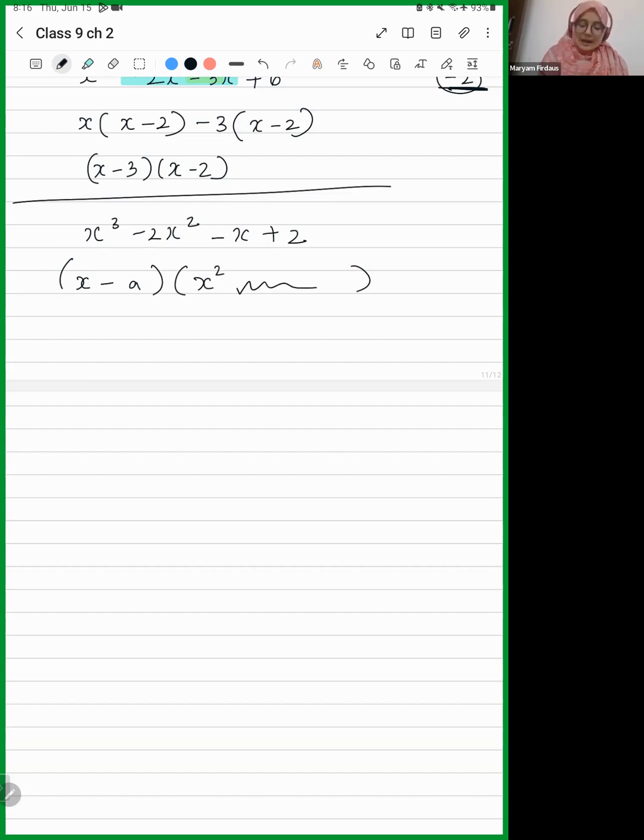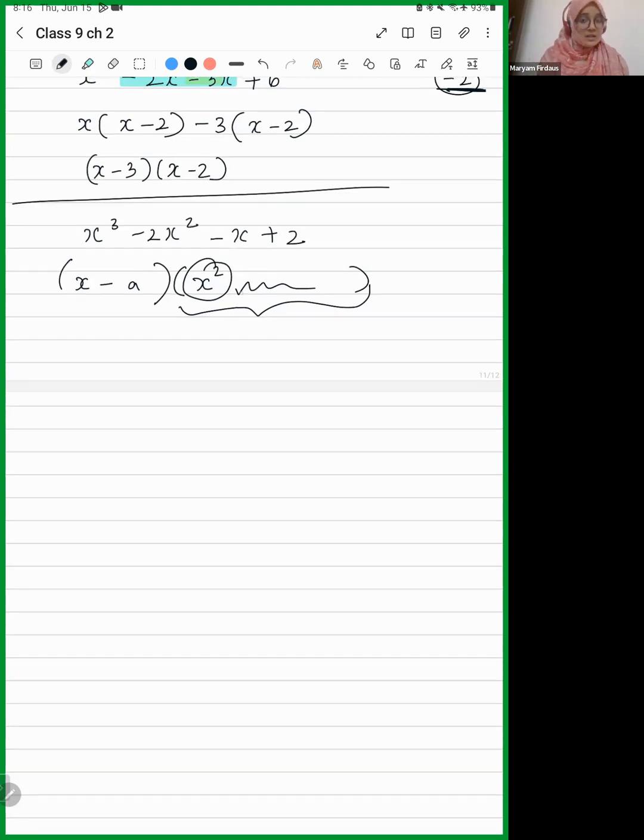Because x multiplied by x square is going to give you x cube. So basically if you can find x minus a, one factor, then you can find the rest of the polynomial, and this is going to be a quadratic polynomial, and then you can use the splitting the middle term method, and you can easily factorize the rest of the polynomial.